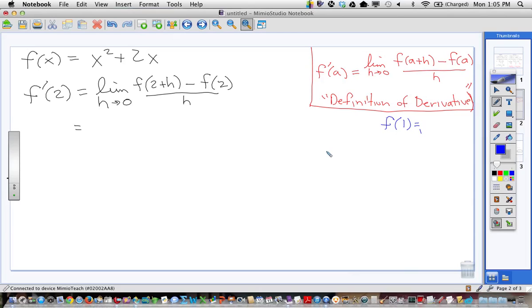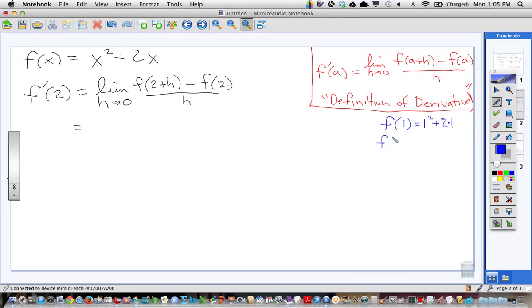In this problem right here. 3. What does that mean, f of 1? What's that mean to do? Put a 1 in for x into the f function. Now, allow me to show my work a little bit here. So you're basically doing that, right? Which would be 3. I agree.